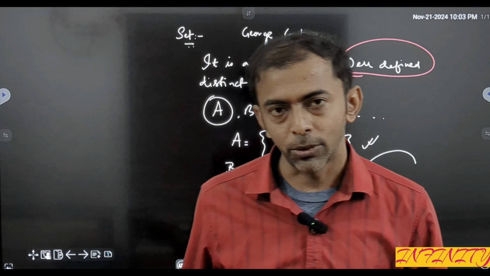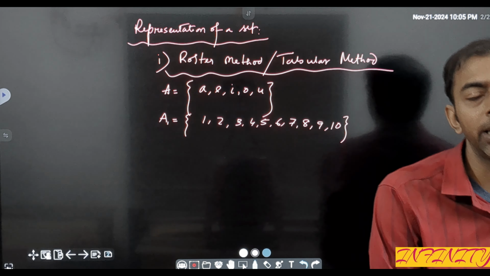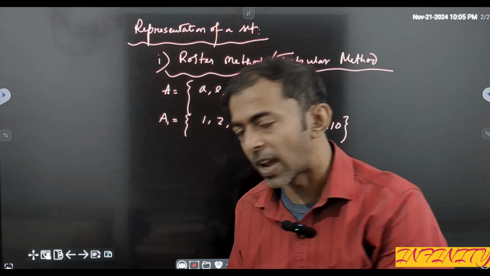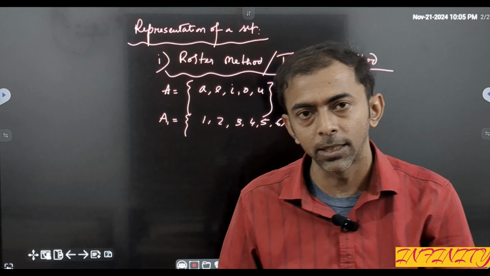Or you write A1 equals the collection of all natural numbers from 1 to 10: 1, 2, 3, 4, 5, 6, 7, 8, 9, 10. That is, you are writing those numbers in tabular notation. You need to write all the elements. In the case of alphabets, you need to write all the alphabets.